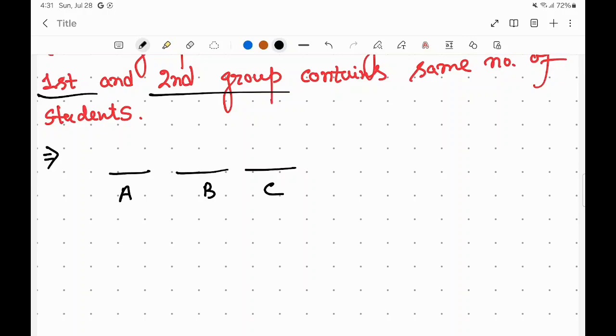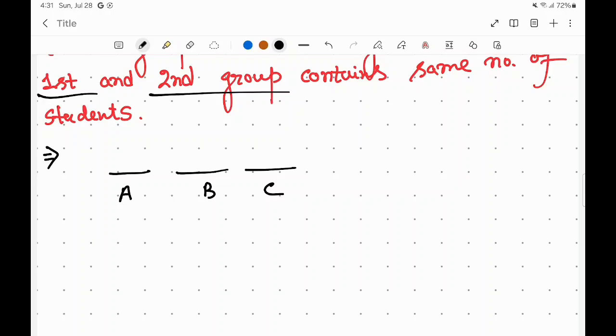Under every orientation, we have to calculate the number of ways, the number of microstates, or the weightage of that orientation.